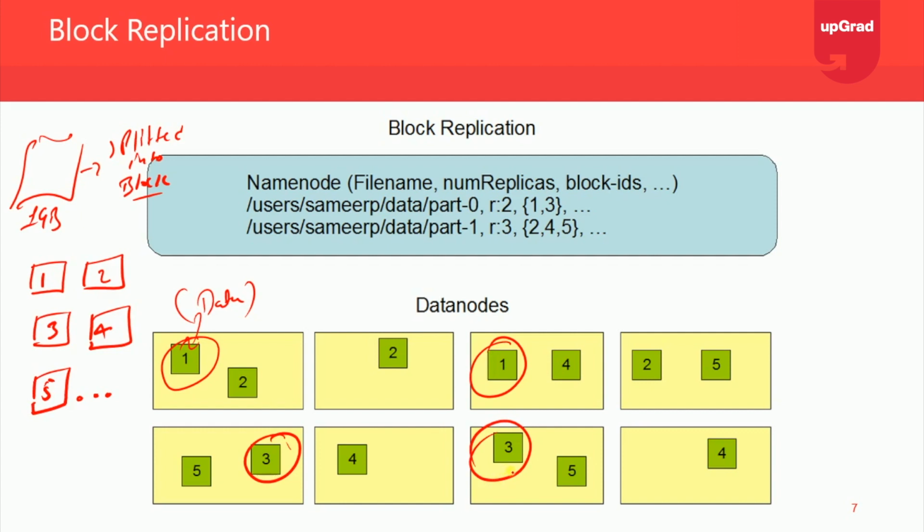So this is basically called replication. Replication is beneficial in case there is any fault. Let's say if this data node or this machine goes down, we can still retrieve block 4 from a different server machine or from a different data node. This is called fault tolerance.